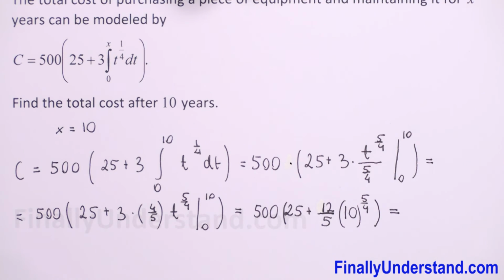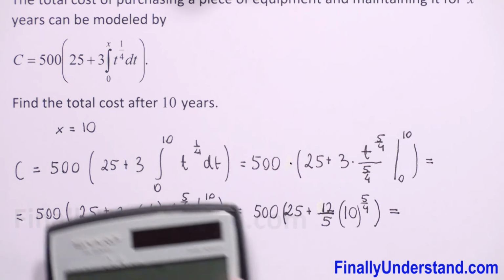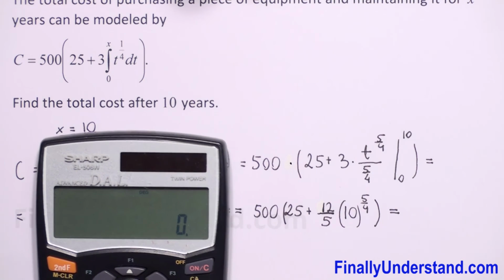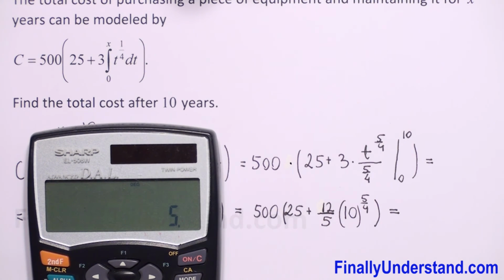We can use a calculator. We have 500, and in parentheses we have 25 plus 12 over 5 times, and in parentheses I can put 10 to the power, and again in parentheses I put 5 over 4.